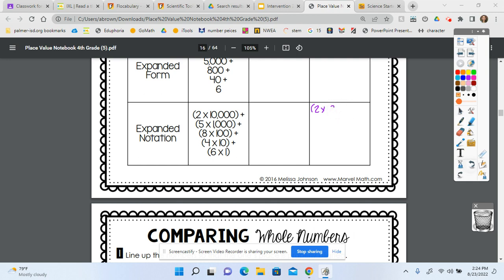Sorry, let me repeat that one. 2 10 millions. Okay, plus 7 1 millions. Plus, next digit, 6 1,000s. Plus 4 tens. There is that number in expanded notation.